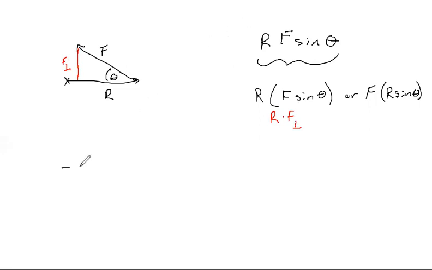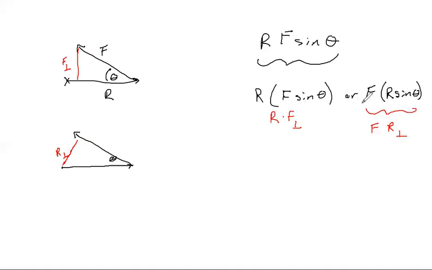The other way, redrawing for the same R and the same force, and I have an angle theta here. The other thing you could think about is if you group sine theta with R, you could actually think about this as giving you the part of R which is perpendicular to F. So then you could think about this as the whole force times just the perpendicular part of R, or you can think of it as the full R times the perpendicular part of the force.